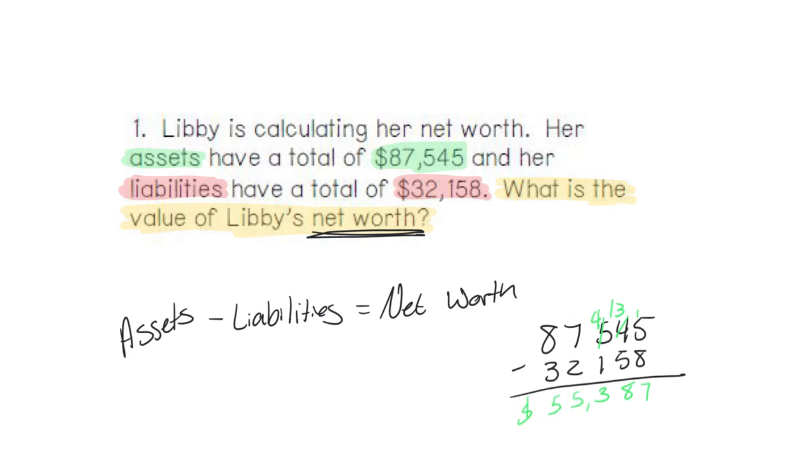So her net worth is $55,000, sorry, $55,387 is her net worth. And that's exactly how you are going to calculate net worth.